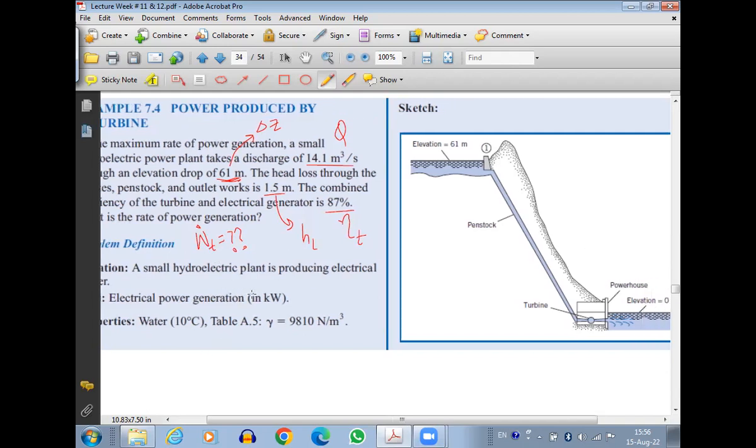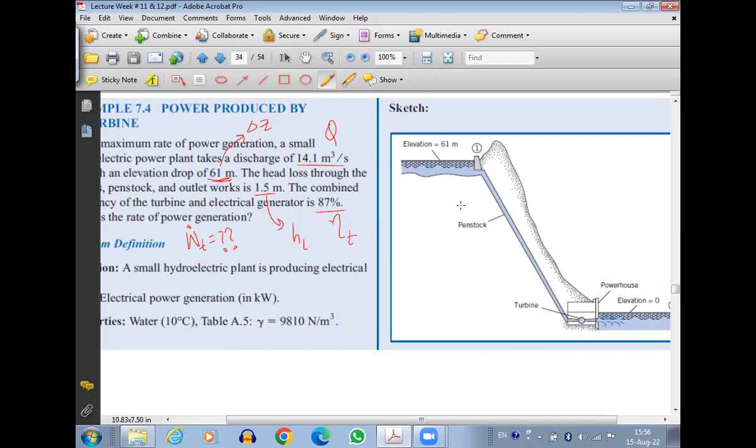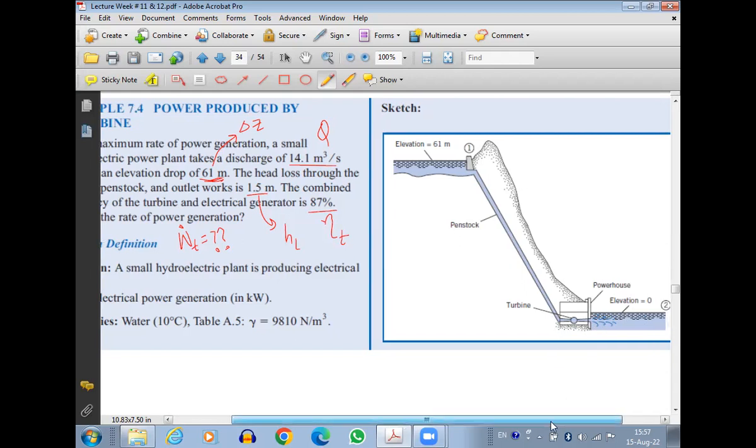So we have a situation like this: at the top of the hill, we have a water reservoir at elevation 61 meter. And then this water is running down the hill. Down the hill, we have the powerhouse where the turbine is, and it uses the fluid power to produce electrical energy, and the elevation down the hill is also mentioned here.